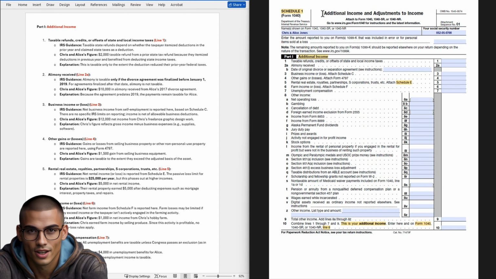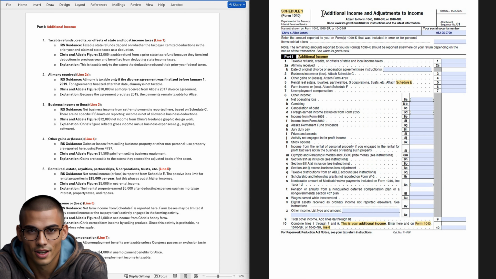So we're going to be taking a look at the additional income. On line 1 of additional income, we have taxable refunds, credits, or offsets of state and local income taxes. We can see here for Chris and Alice that the IRS guidance is that taxable state refunds depend on whether the taxpayers itemized the deductions in the prior year and claimed state taxes as a deduction.